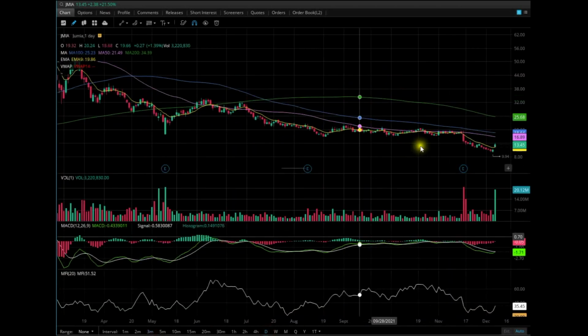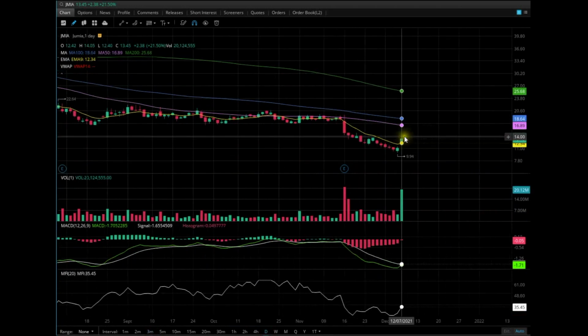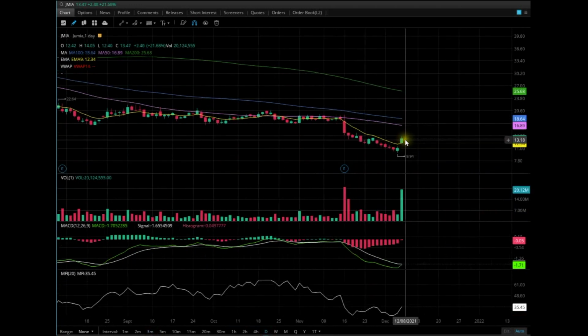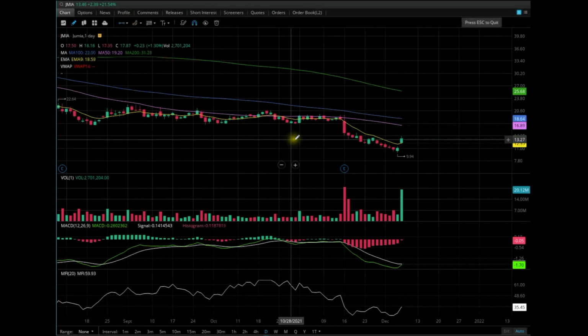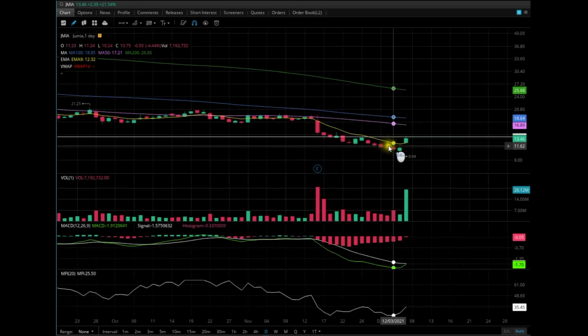If you go to your daily chart, you can just look for 13.90. Right there. Let me get a line drawn just so you guys can see it better. There's 13.90. What did we have?